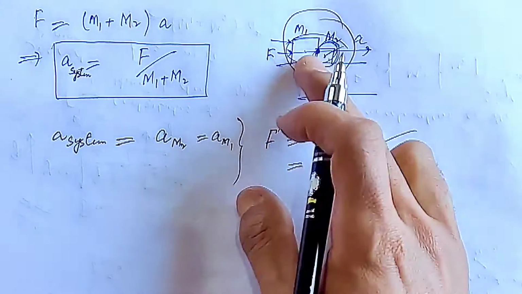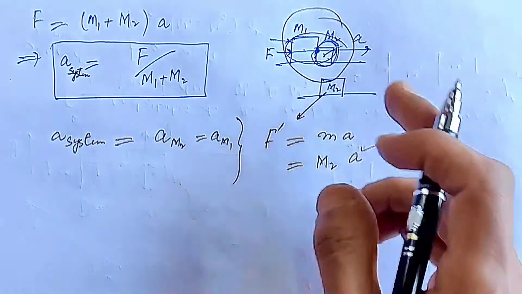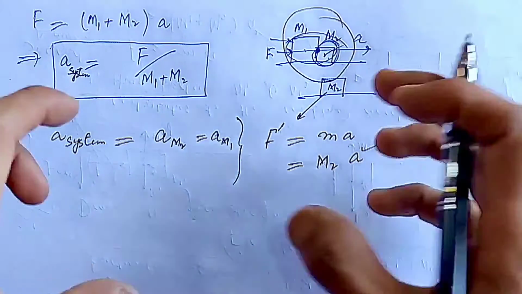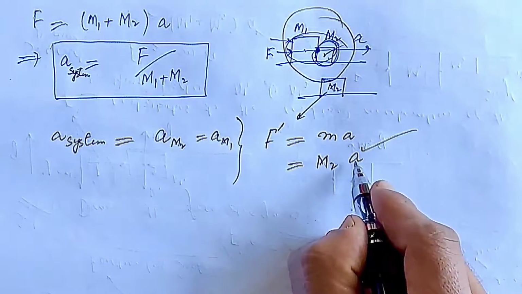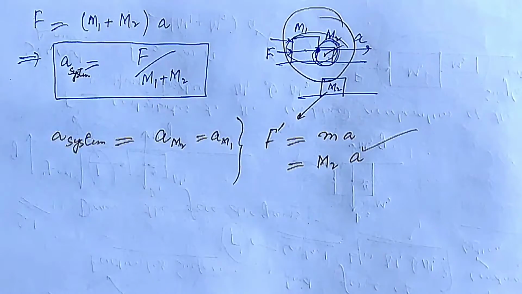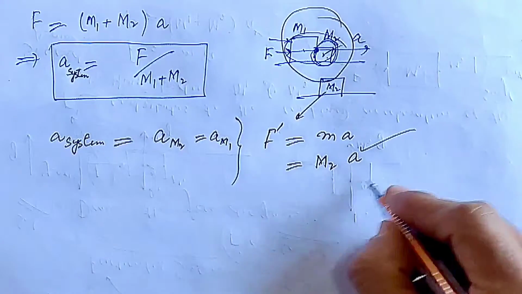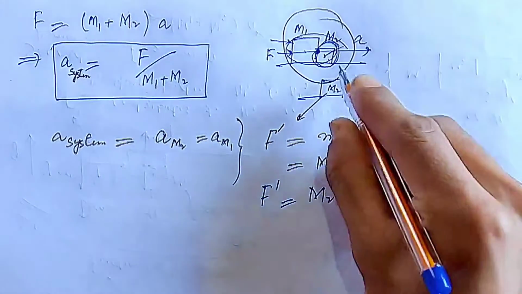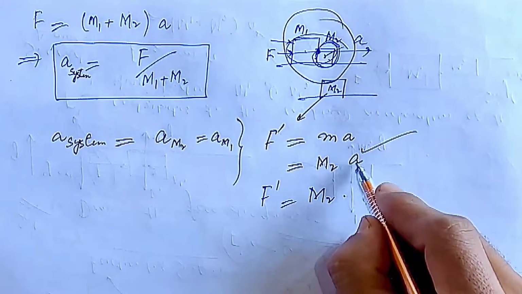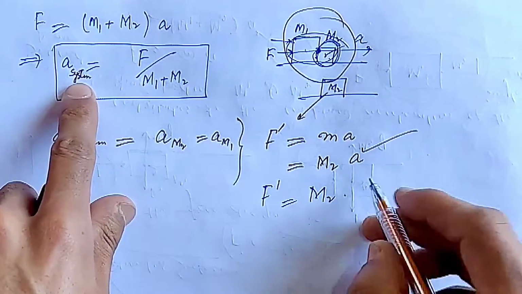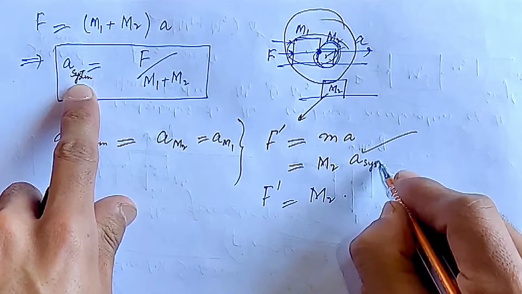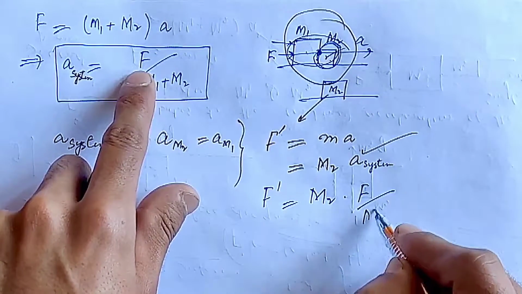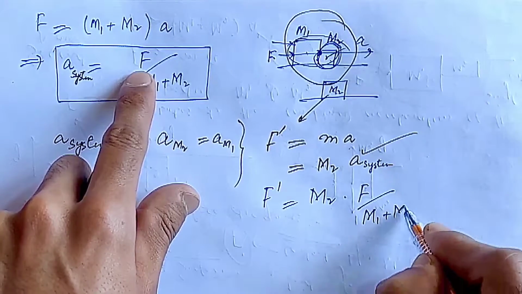M1 is moving with the same acceleration as M2, and M2 is moving with the same acceleration as the combined system. So we will get F prime equal to the mass of the second body multiplied by the acceleration of the system, which is F by m1 plus m2.